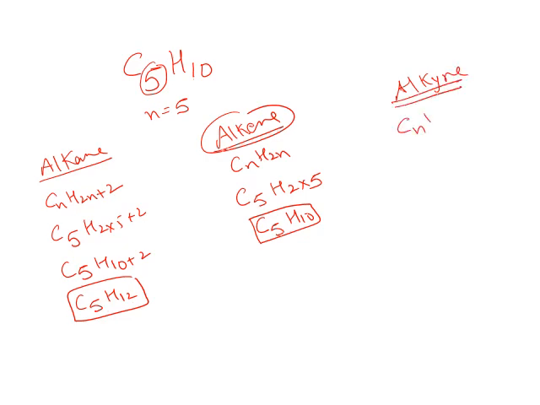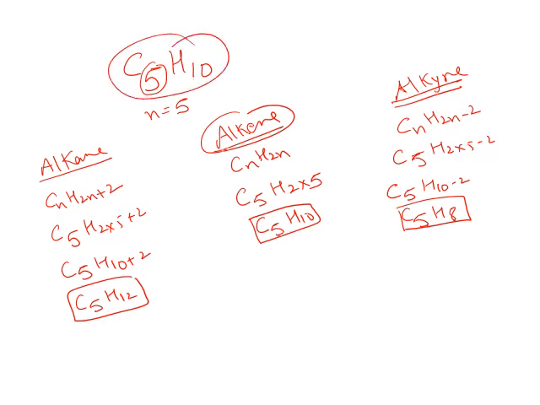The formula is CnH2n minus 2, C5H2 into 5 minus 2, C5H10 minus 2, which is C5H8, which is not the same as the formula that is given. So by looking at the formulas, we know this compound is an alkene, because the other formula is not matching up.